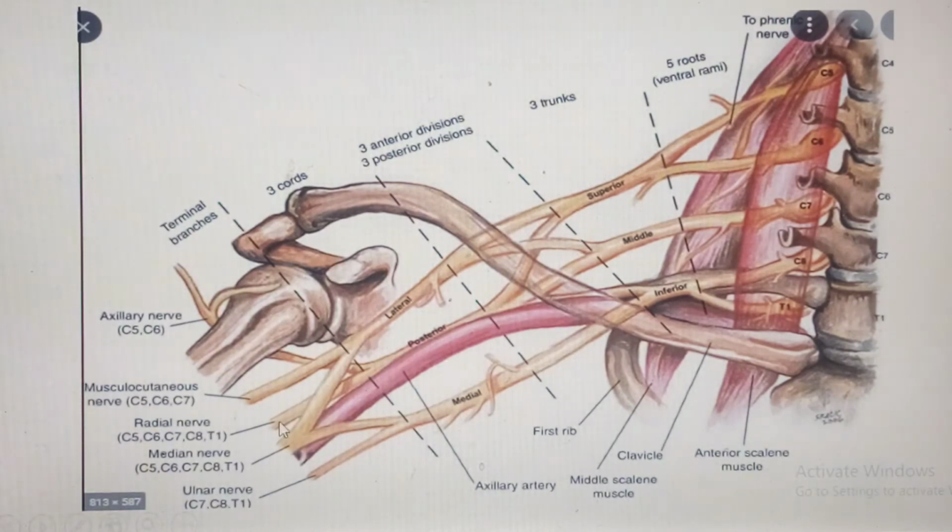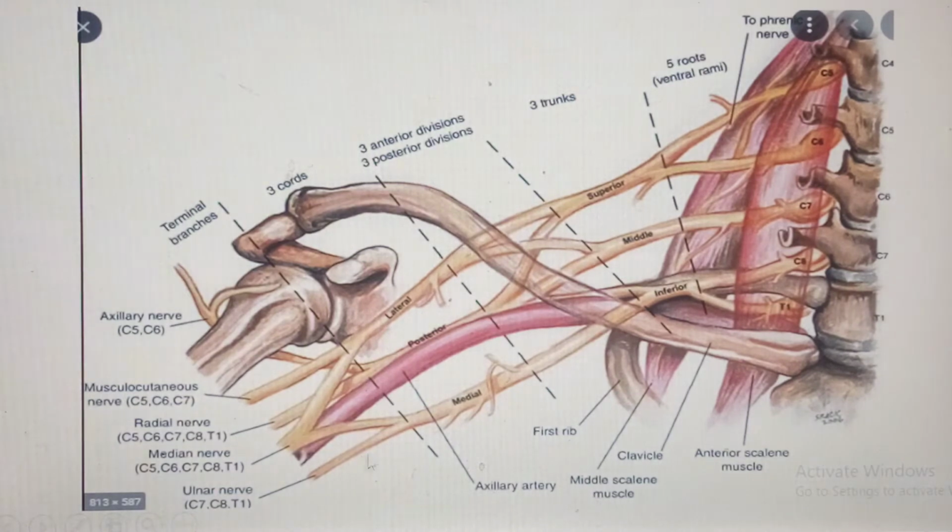So please, these things. And then the median nerve, I said, is going to be in the middle, supplying most of the muscles in the anterior compartment of the forearm, and of course in the hand region, as well as giving some cutaneous innervation. I've done all these long nerves. I've done the radial nerve, median nerve, ulnar nerve. So visit those videos to get more insight in this regard.